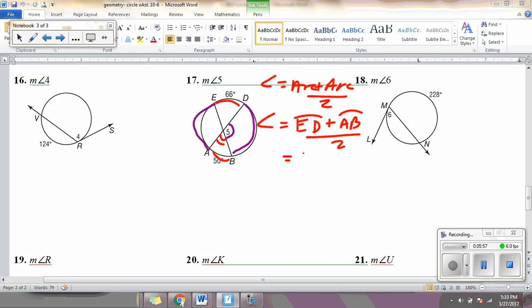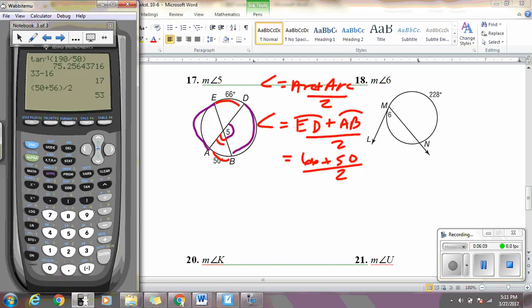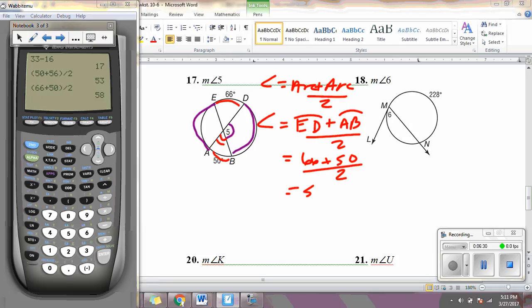So ED is 66, AB is 50. 66 plus 50, all of that divided by 2 is 58. So this angle is 58.